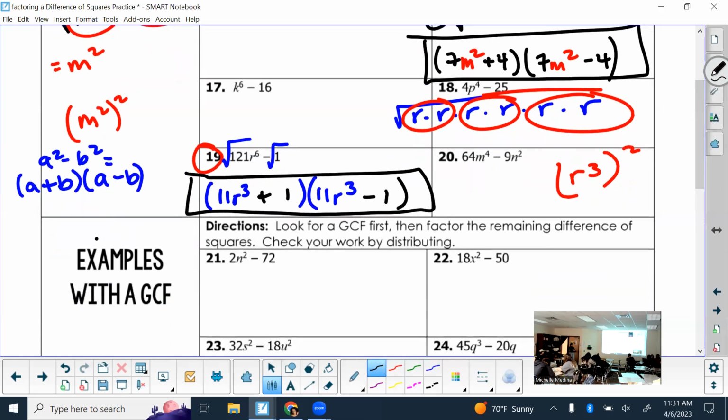I would show you some with GCF, but I feel like I'll just wait a little bit. So based on what we covered, you should be able to do, let me figure out which numbers on your practice. And I'll just make you do evens or odds.